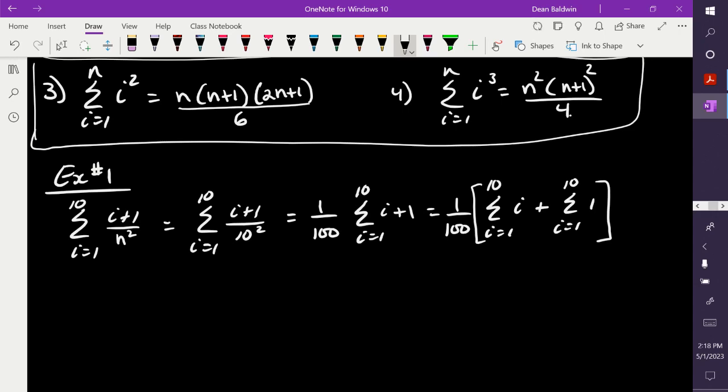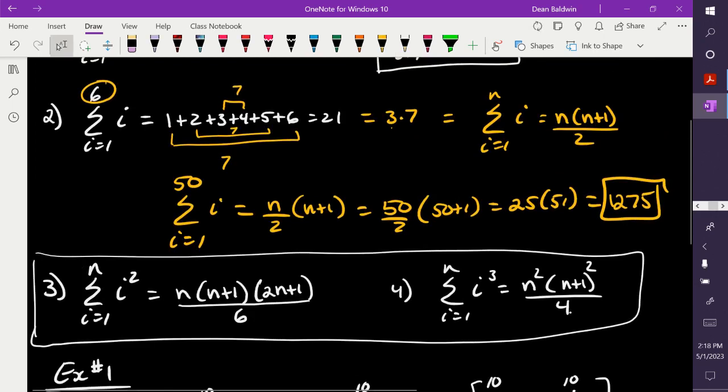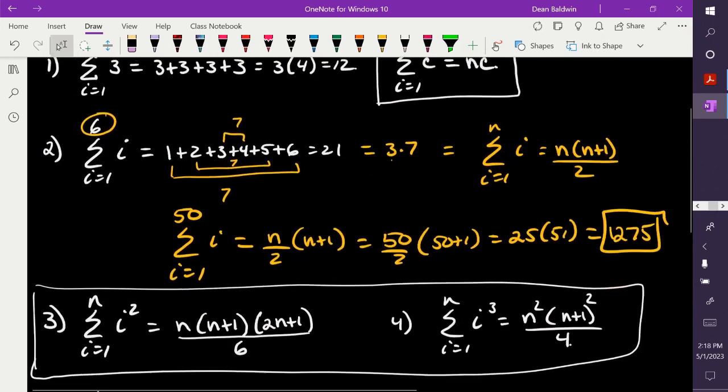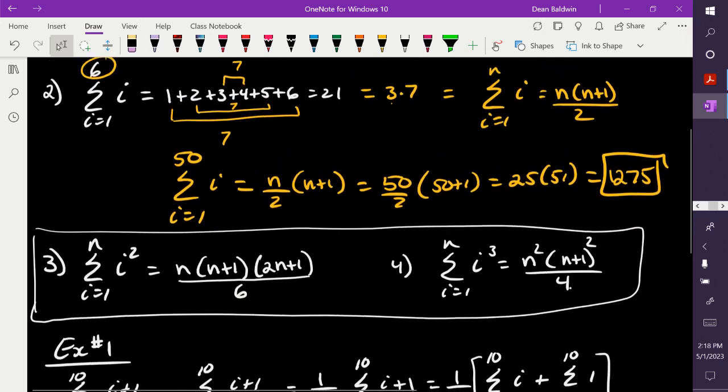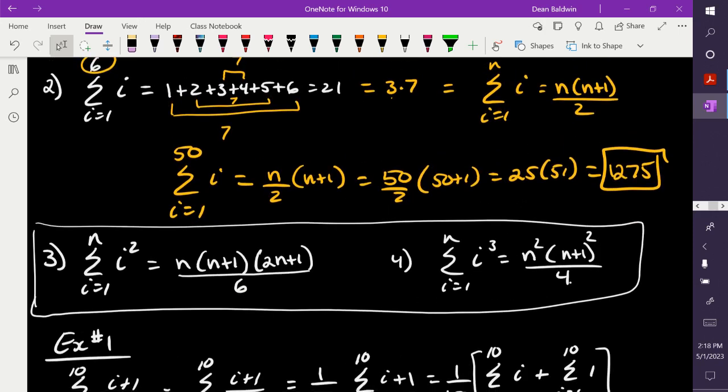These are formulas that somebody has proved. Like somebody has proved that this equals this. I'm not going to ask you to reproduce this. You just have to know how to take this, rewrite it this way, and then solve it.